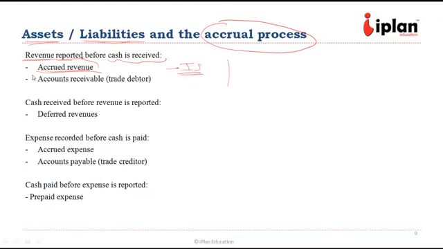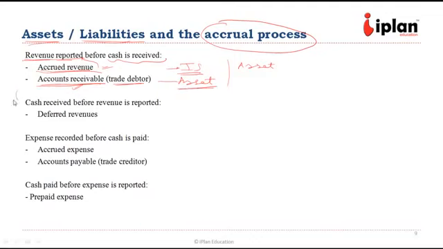So this revenue accrued is our asset. Similarly, we can have accounts receivable. If we have supplied the goods to the customer, but we have not yet received the cash, so this is account receivable, which is an asset.